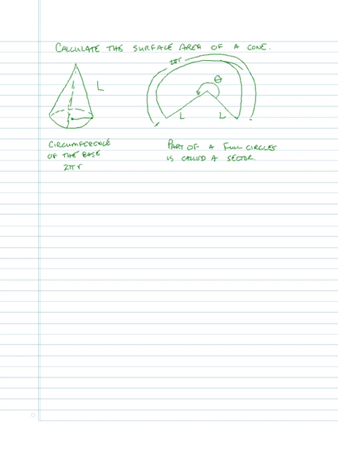Now, what we would like to know is the area of that sector. So the surface area of the cone is equal to the area of the circle we see there, the sector.